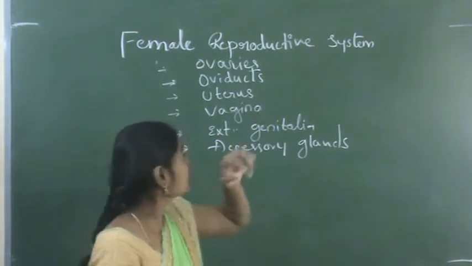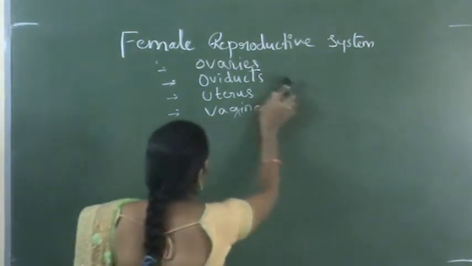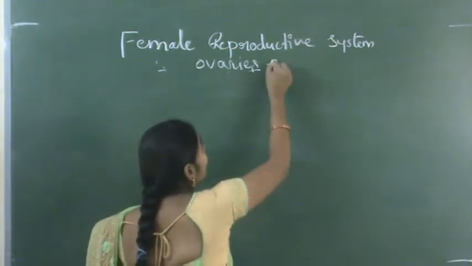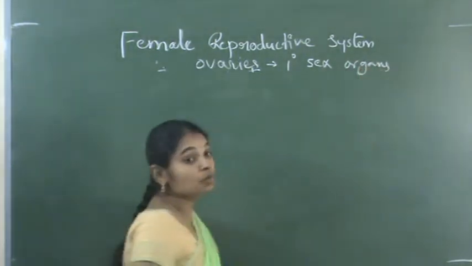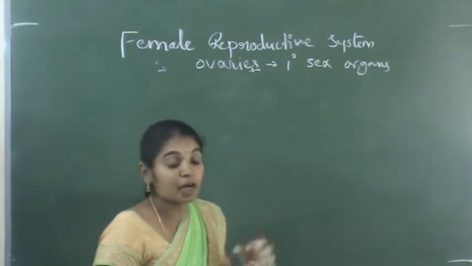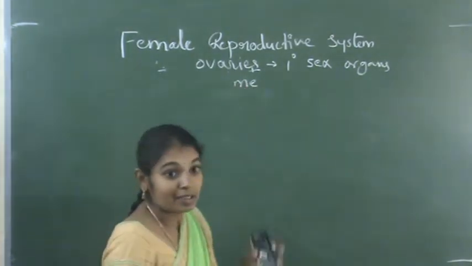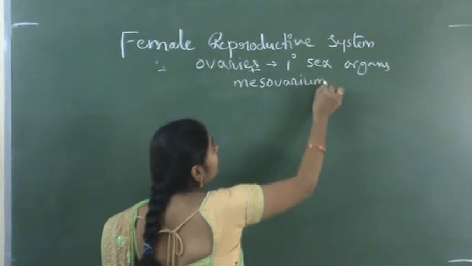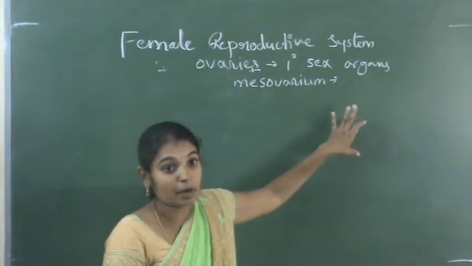As we already discussed ovaries and oviducts, we will recall that. What are the ovaries? These ovaries are the primary female sex organs in which ovulation occurs, and they are attached to the abdominal wall by the mesovarium, a peritoneal folding, a peritoneal layer which connects the ovaries to the abdominal wall.